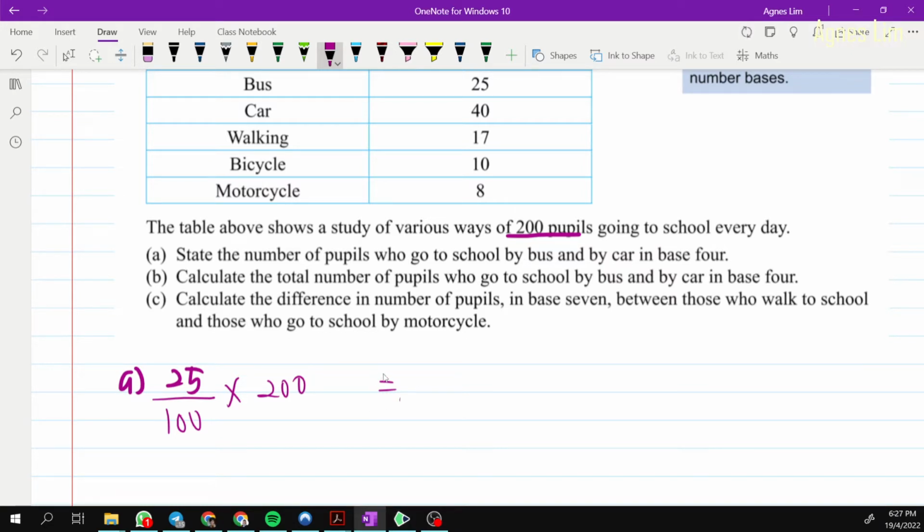You should get 50. This one is in base 10, and this is for bus. Then we need to find the one for car. Car is 40% of 200, so we get 80 students. So 50 we need to change to base 4.